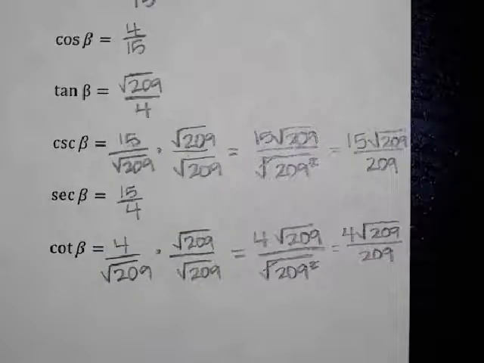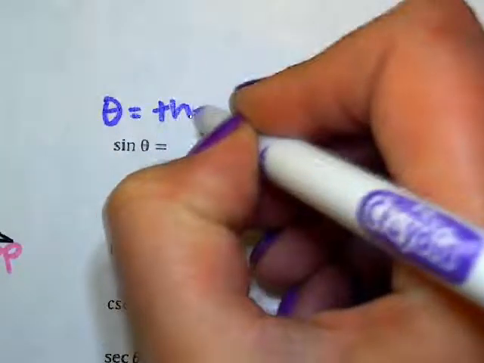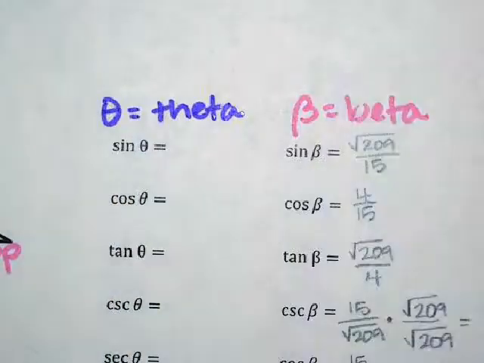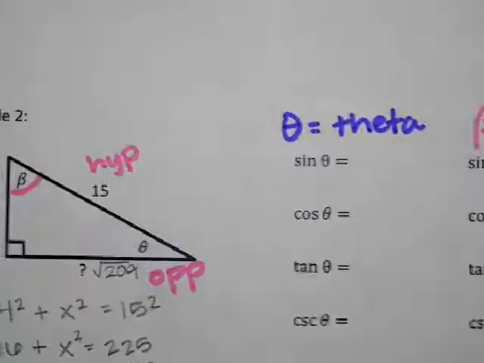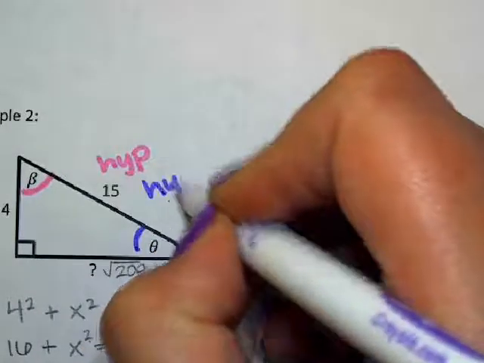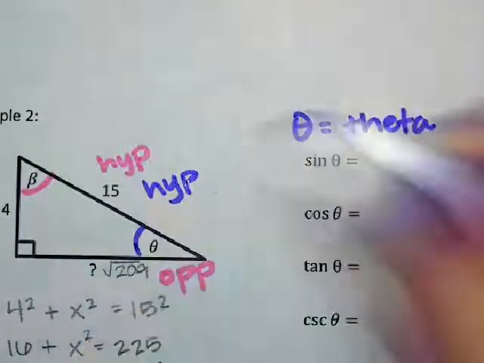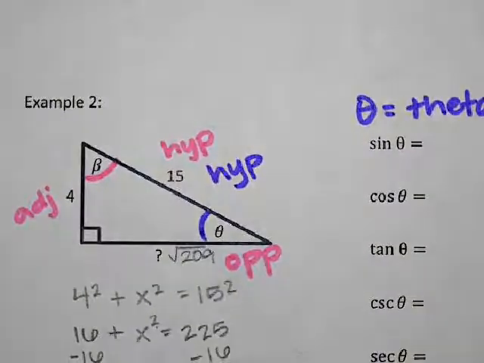Theta. Okay, so this is theta. So the hypotenuse is still the hypotenuse. And what is the 4 called now?